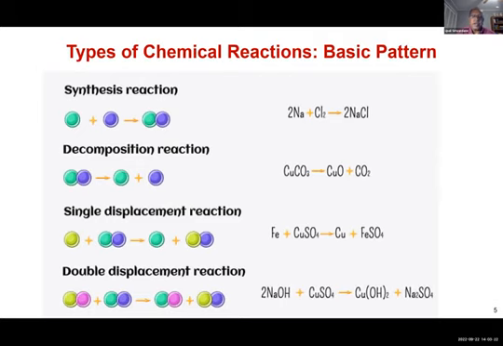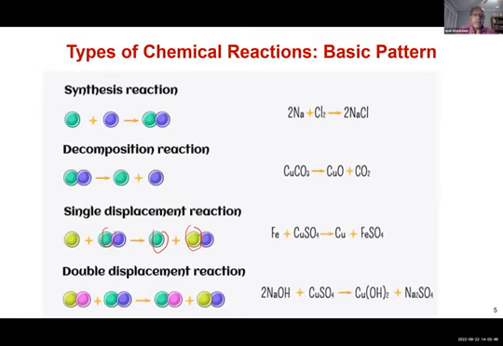Single displacement reaction: one element replaces another element, that green ball here. Now this is gone, replacing this green ball with the yellow ball. Only one atom is replaced.